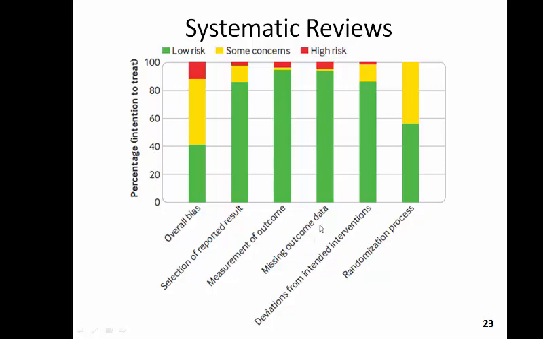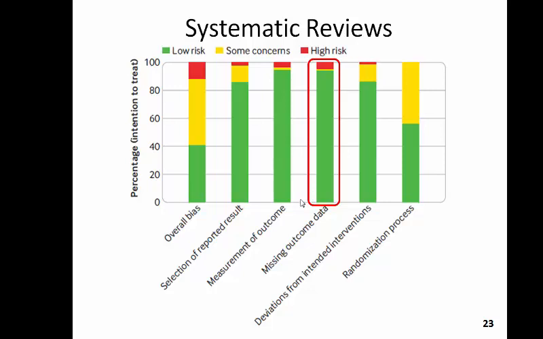Are some of the data missing from the participants? And what was the outcome measurement? So we see a range of different elements that can be used to evaluate the quality, and the color coding here would indicate whether that particular study carries low risk, some concerns, or high risk of bias.